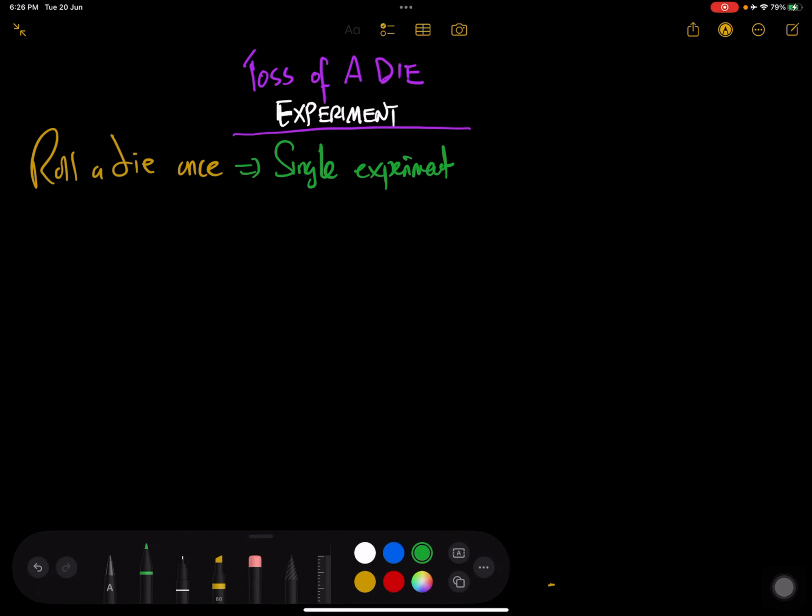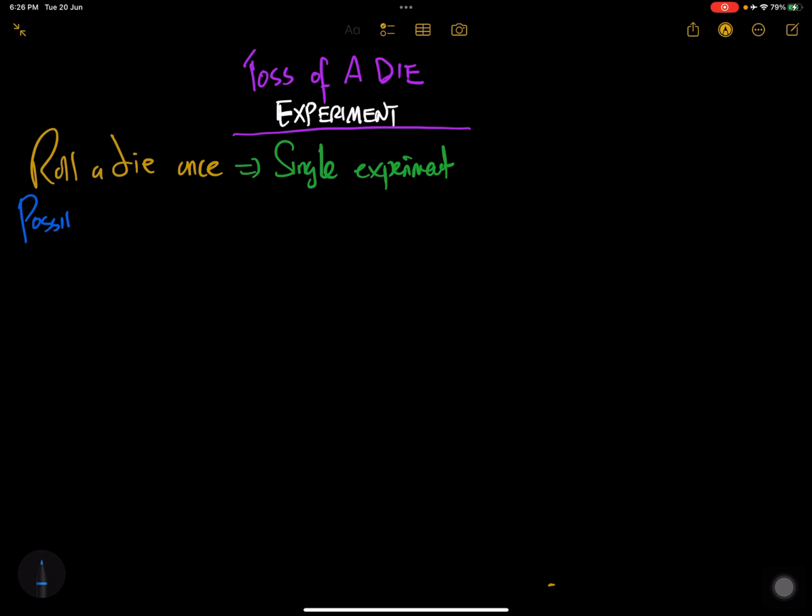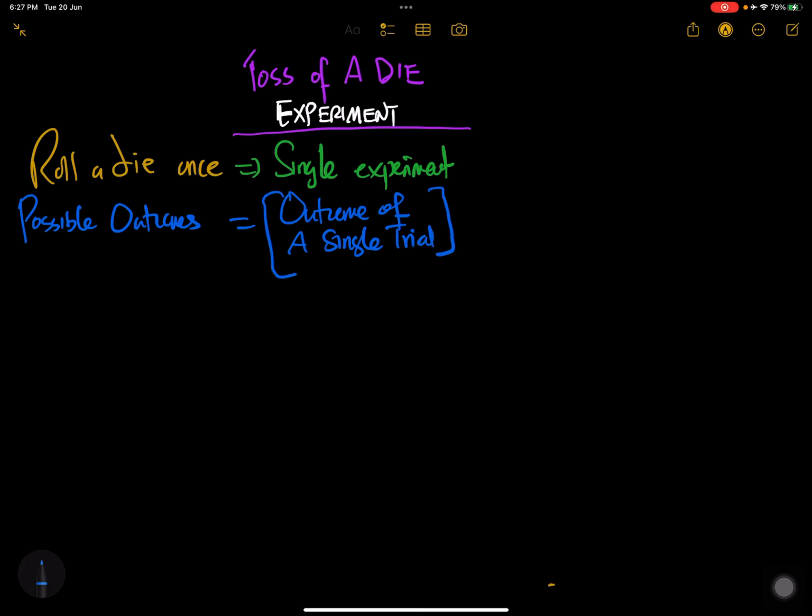But what are the possible outcomes? How do we find that? We say the outcome of a single trial is the number of outcomes raised to the number of trials.